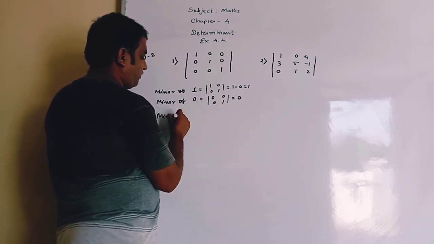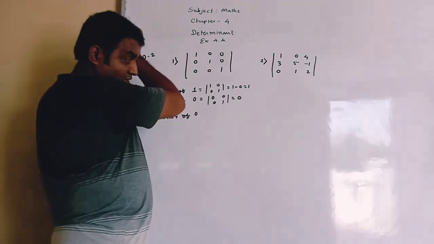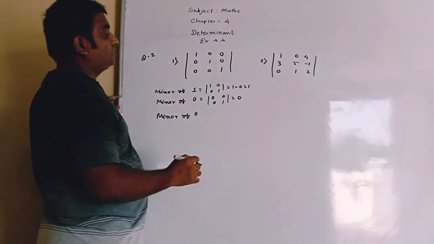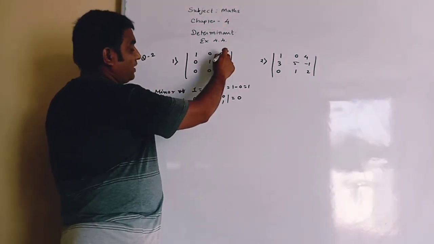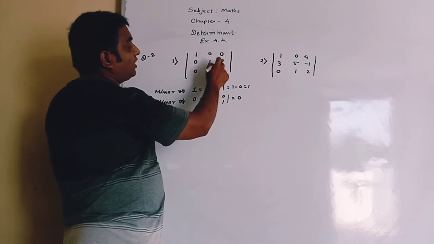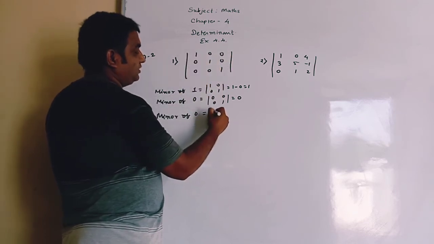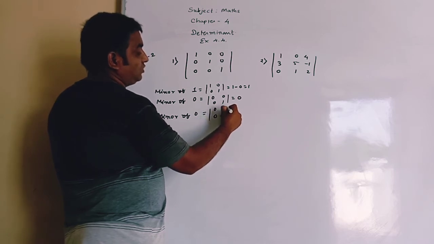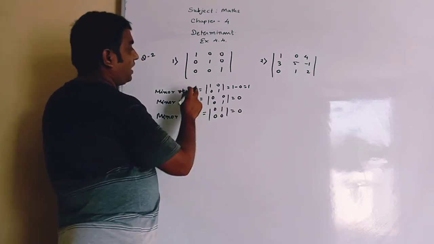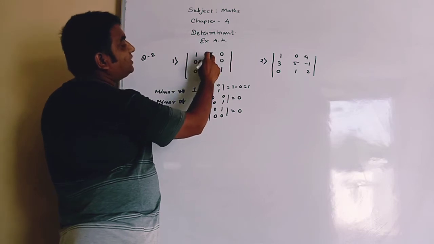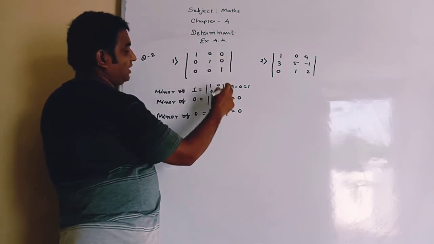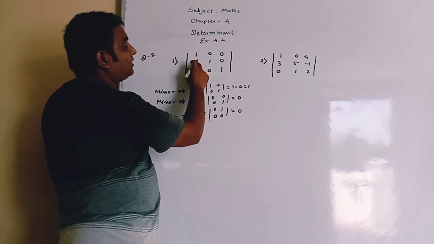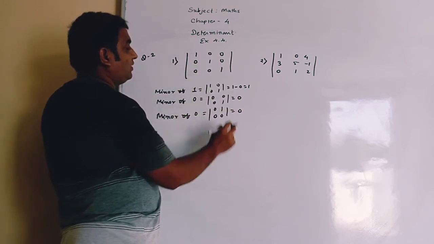Minor of 0, these zeros minor we want, then 0 containing row and column we remove, then 0 1 0 0, it is 0. So minor of each 0 will be 0, while minor of 1 will be 1.